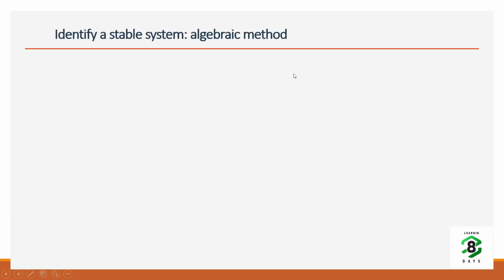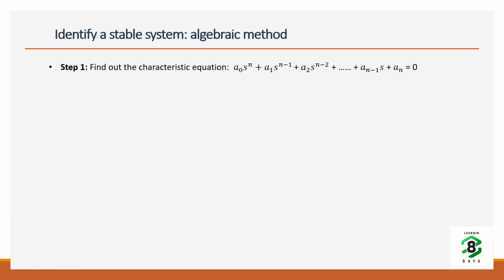Now I'll summarize the steps. We can take the generic form of the characteristic equation of nth order, maybe 3, 4, 5, 6, as in most complex systems. You have to find out whether the system is stable or not, and I will do the algebraic method today. The frequency response method and others will be covered later.